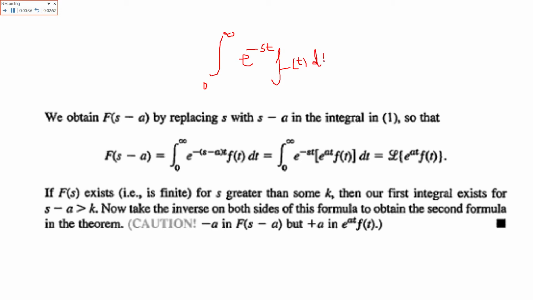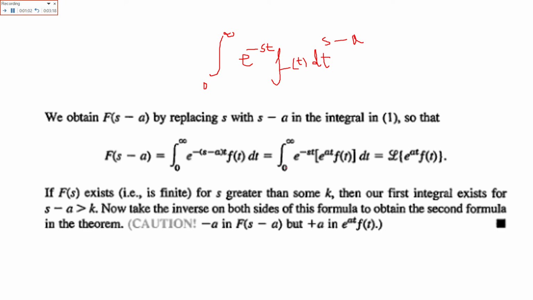This is the basic equation of the Laplace transform. Here we have shifted s with s minus a, so the equation takes the form f of s minus a is equals to integral 0 to infinity e raised to power minus s minus a into t f of t dt, because we have shifted s with s minus a.